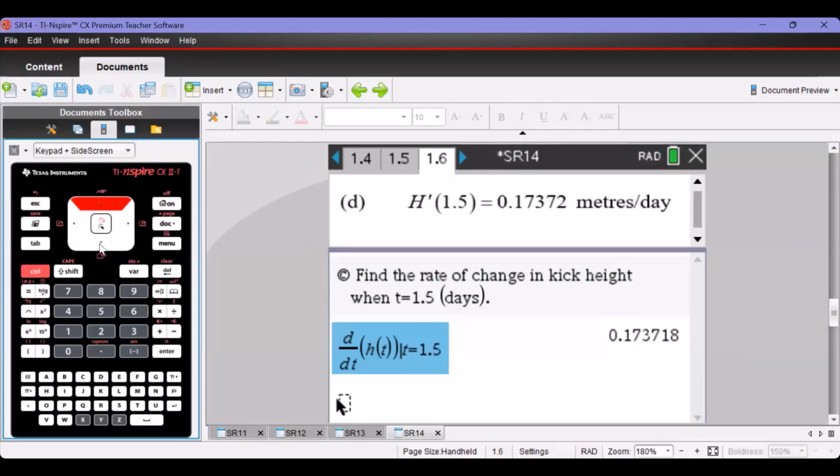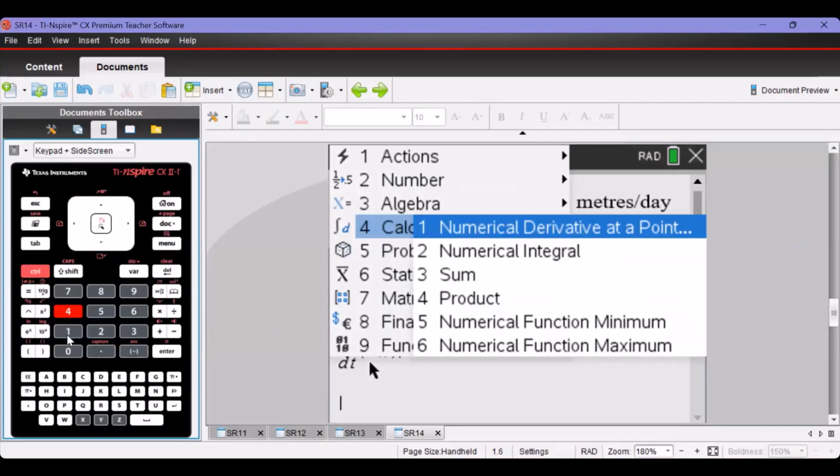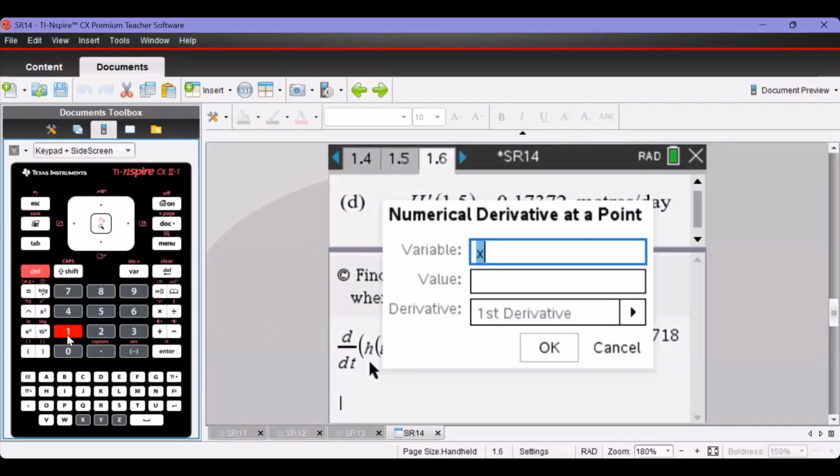So we're going to press menu, then 4 for calculus, 1 or enter, for numerical derivative at a point. And up comes the numerical derivative at a point dialog box. The variable in this instance is t. Press tab. The value is 1.5. Press tab.